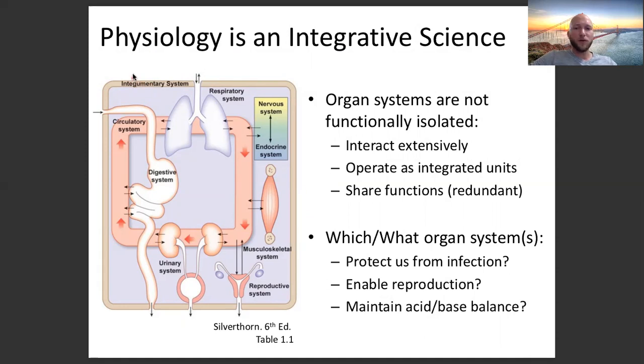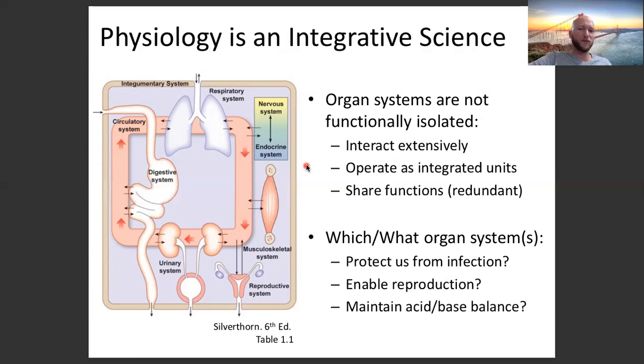All right, so organ systems are not functionally isolated. In this class, we have to organize it in certain ways in order for the class to work. We're going to talk about the respiratory system. We're going to talk about the circulatory system. It's important to understand, though, that these systems are not functionally isolated.